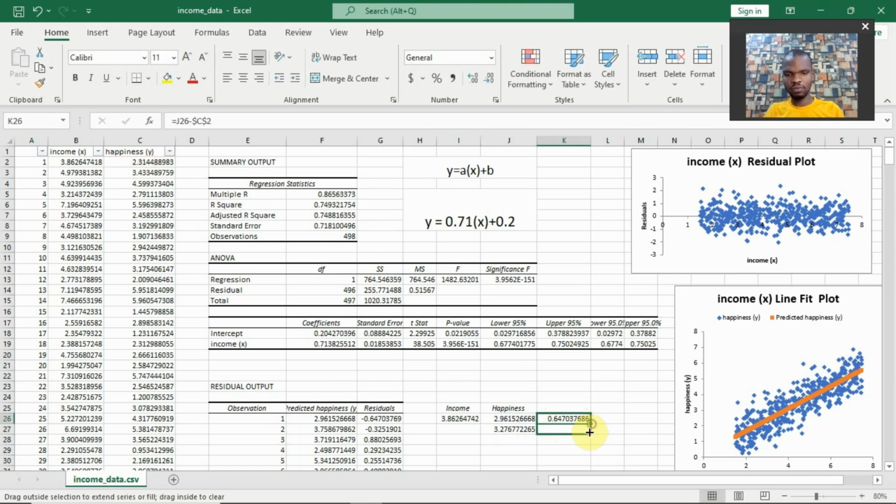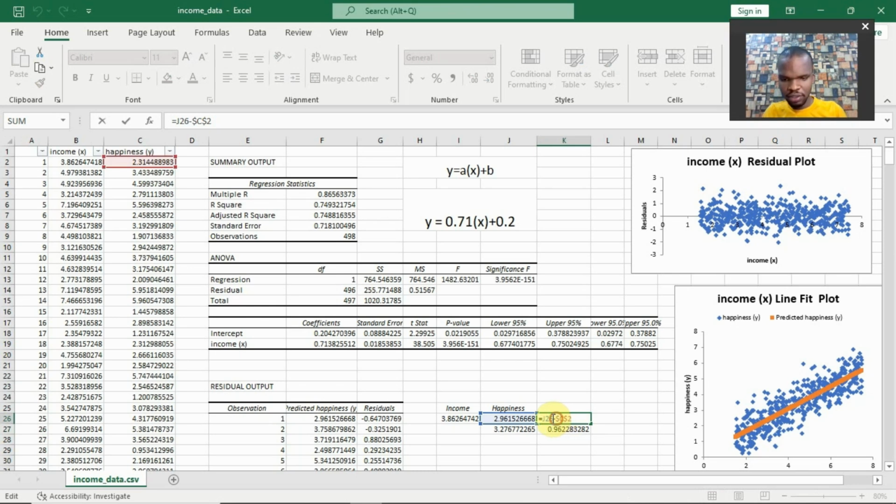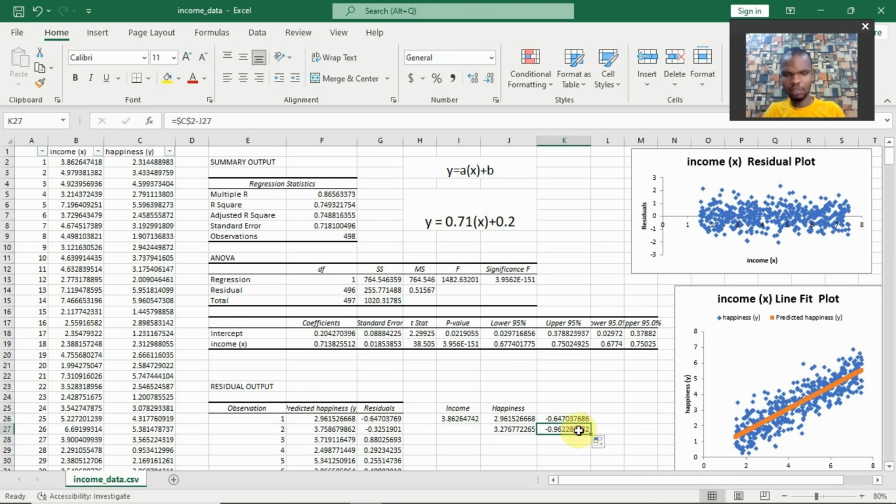So this would be the value of my, sorry, it's supposed to be actual minus predicted, rather. Okay, all right, so this gave me a residual or a bias of minus 0.6, while this gave me a bias of minus 0.96.